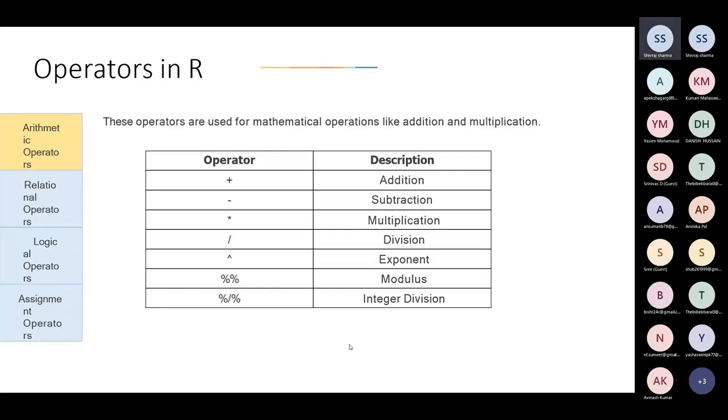You are all aware of these operators, because we also saw them in SQL, so no need to go into further details. Just see what types of operators these are.